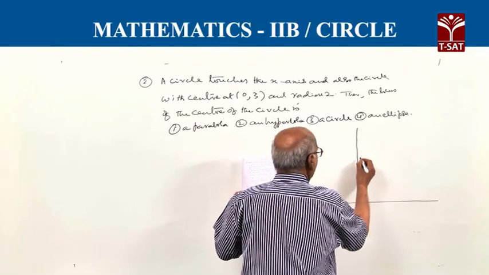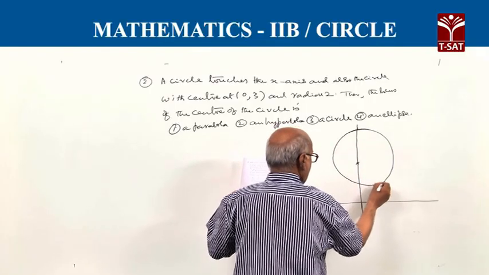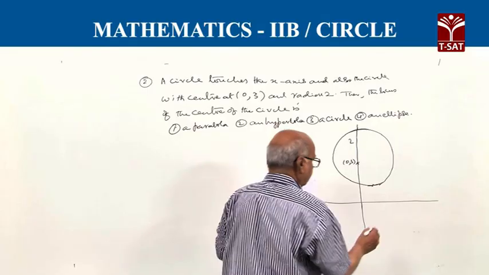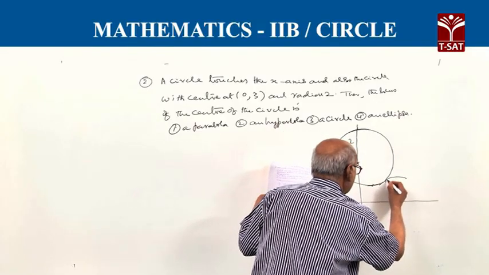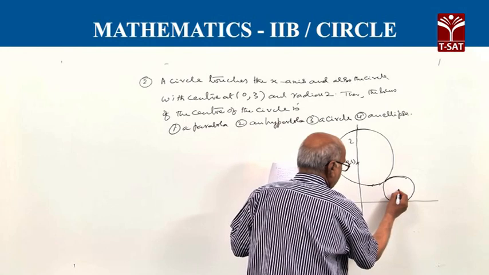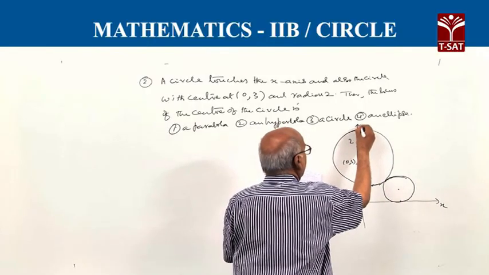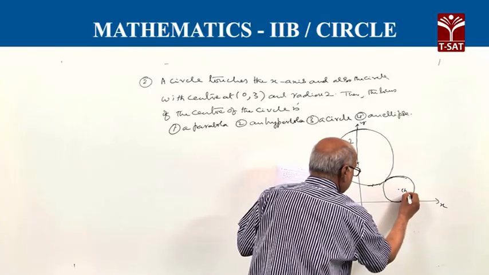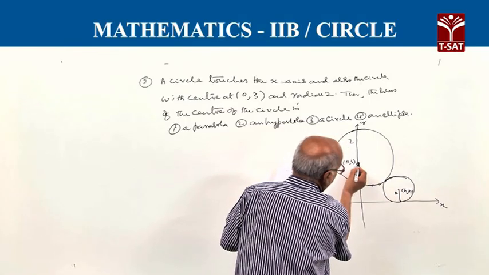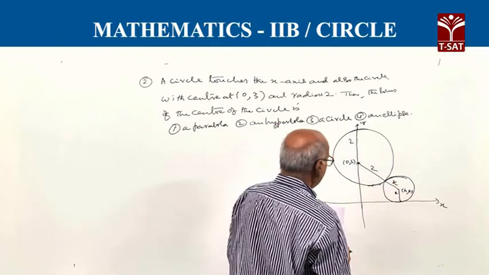So, the circle with center 0, 3 and radius 2, and this is the circle touching the x-axis. So, suppose the center is (h, k).